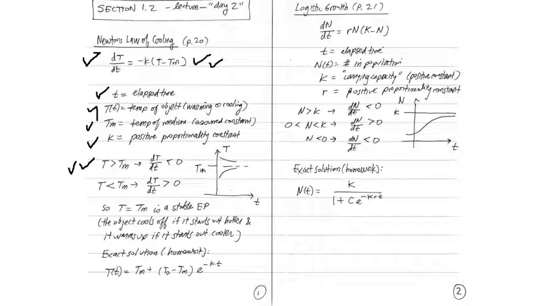And similarly, if T is less than T sub m, the expression on the right-hand side will be positive, which will cause the temperature to increase. So that means that that value is a stable equilibrium. Physically, that tells us, as we would expect, that the object cools off if it starts out hotter, and it warms up if it starts out cooler.